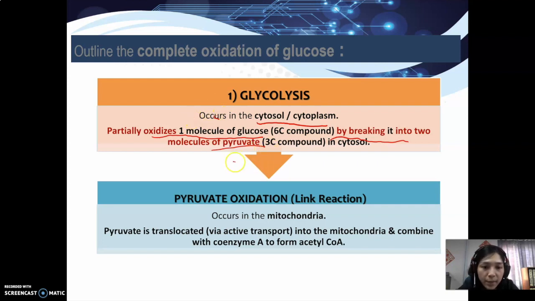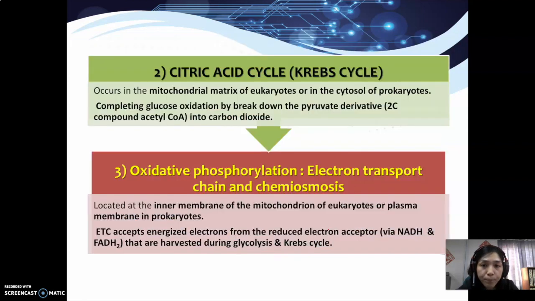The second step is the link reaction, which occurs in the mitochondria, where pyruvate is translocated into the mitochondria and combined with coenzyme A to form acetyl coenzyme A.